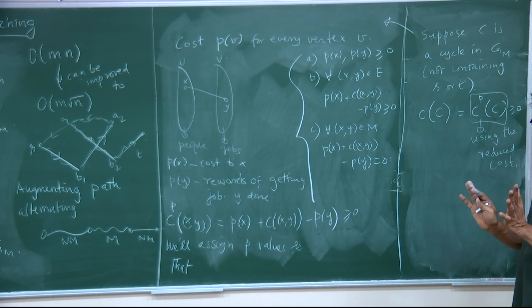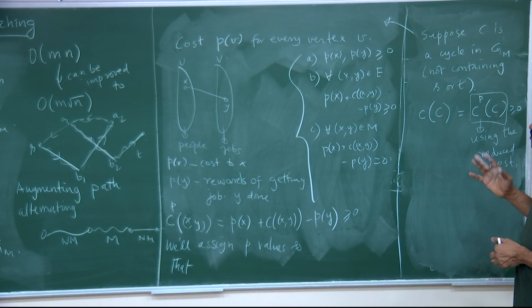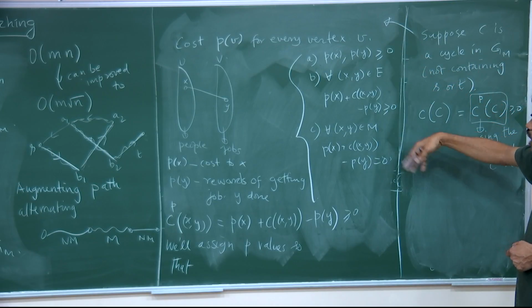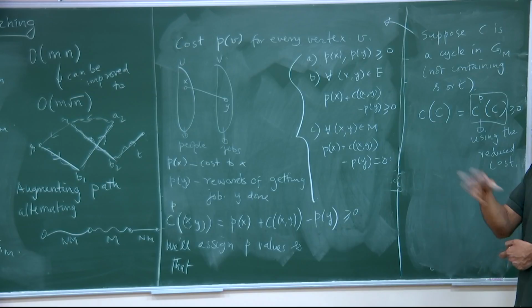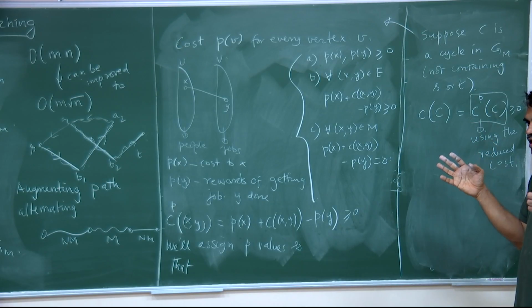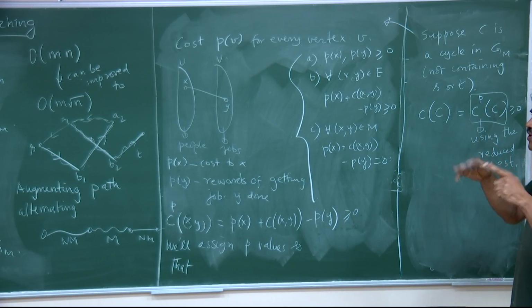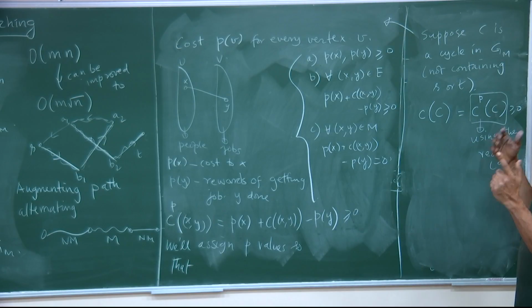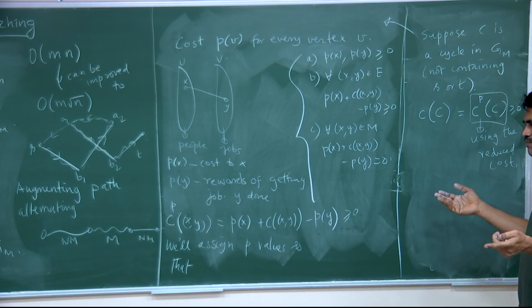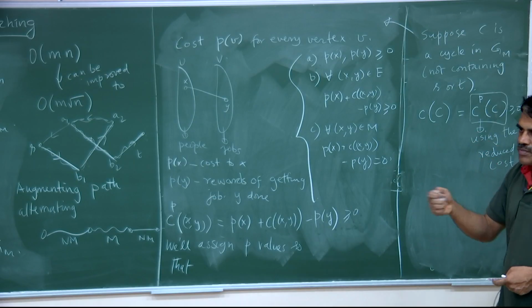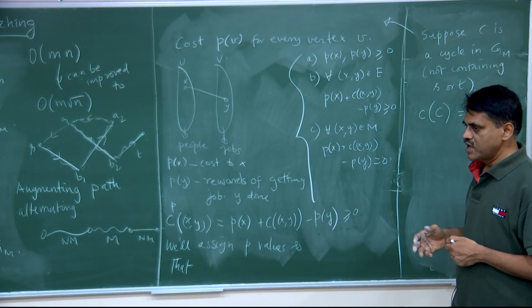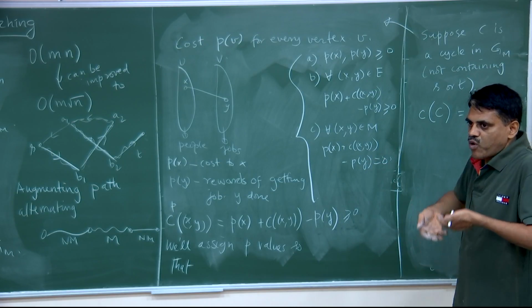So now my algorithm is clear, modulo the description of how I update P. How I update M is clear. I find an augmenting path, the shortest min cost path in the residual network. To augment M, I can find any path, but I use the min cost path to update P values. That helps me update the P values, and the size of M increases by 1 each time.